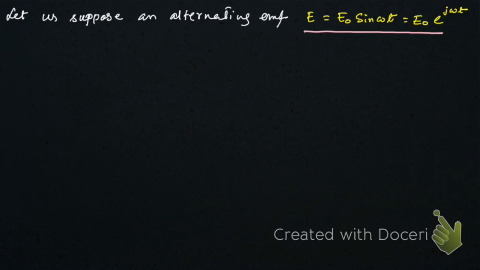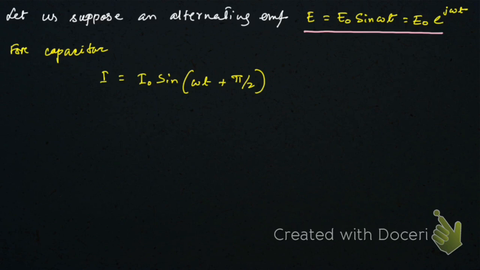Then for a capacitor, as we have already discussed in the previous lecture, I is equal to I naught sine omega t plus pi by 2, where the current leads compared to the EMF, that is E is equal to E naught sine omega t.